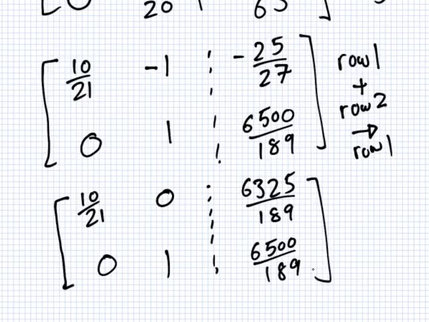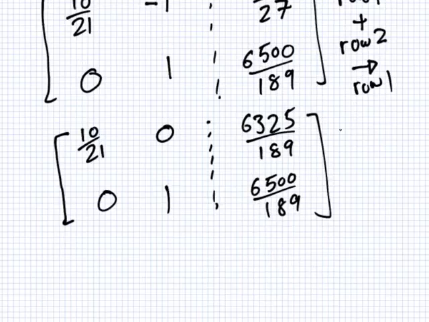Nearly finished. Only one thing left. What's that? 10 over 21 x plus 0 equals, multiply by 21 over 10.